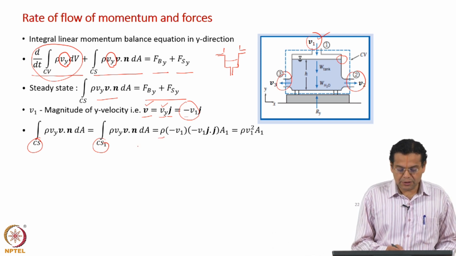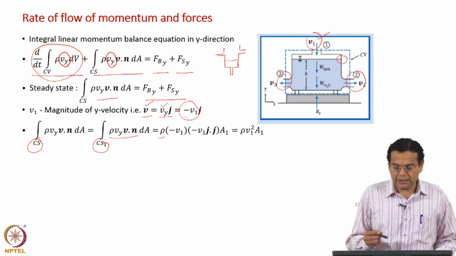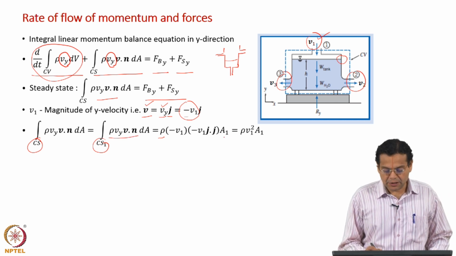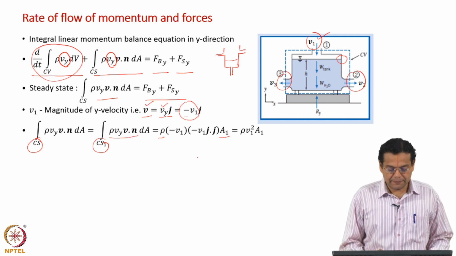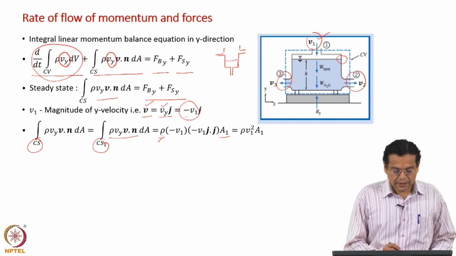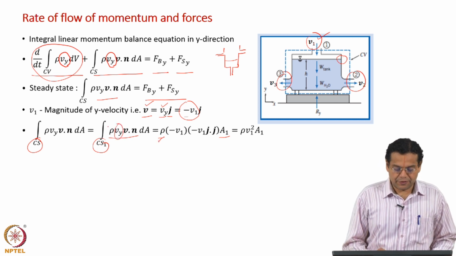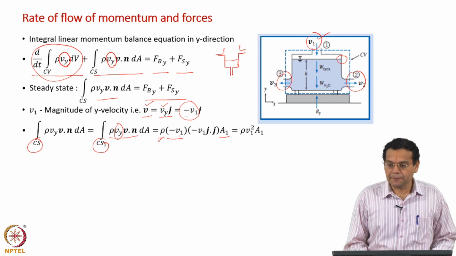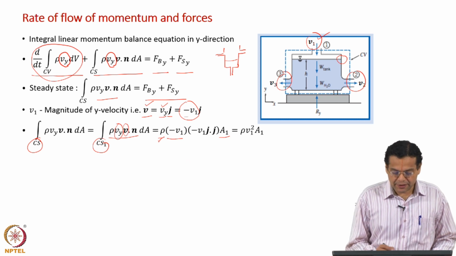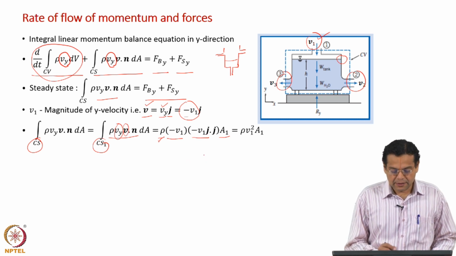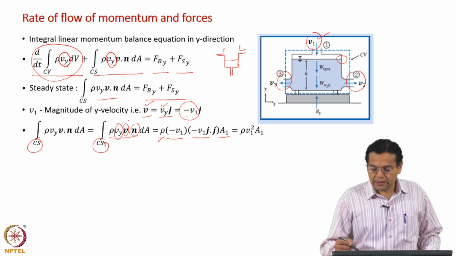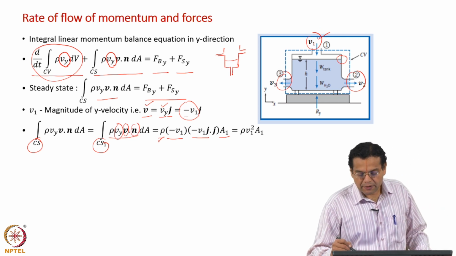Okay. So now let us substitute. Of course, I assume this to be uniform throughout the cross section area, that is why I have A 1 here after integrating. I have written rho here. The y component of velocity is minus V 1, the velocity vector V is minus V 1 j, and for the n vector, this is an inflow, and our normal is always away from the control volume.